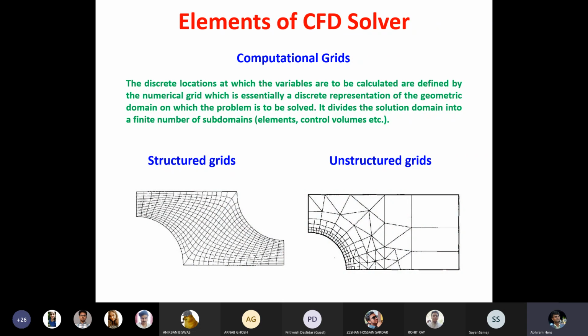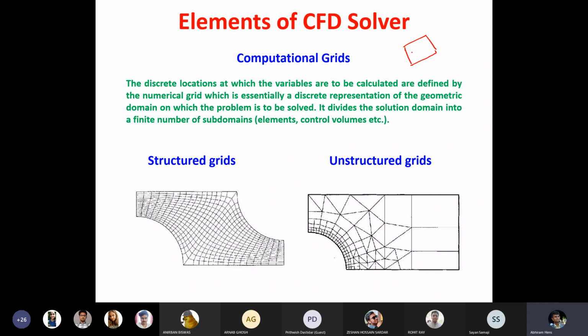Now I will come to some other important aspect, elements of CFD, that is the computational grid. Here I would like to give you two concepts, that is structured grid and unstructured grid. As I told you, the first step of CFD is to define the geometry, right? And then you have to discretize it.